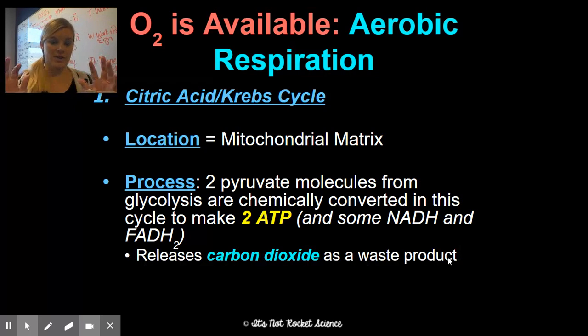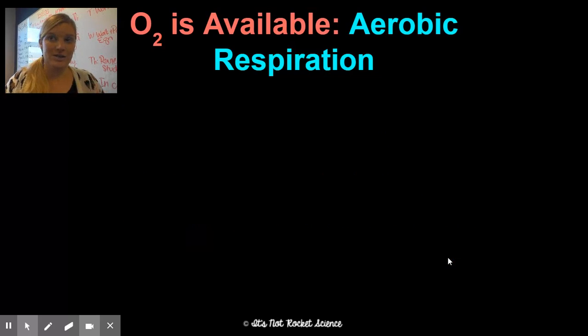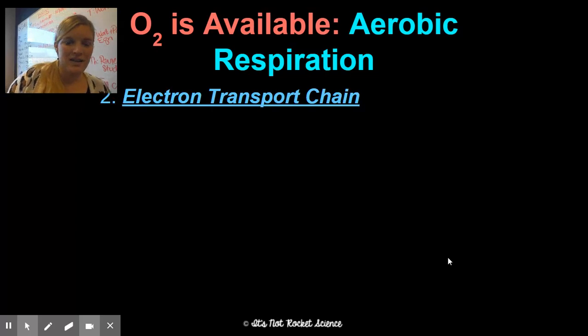So when we do this, we're actually releasing carbon dioxide as a waste product. So kind of how plants in their first stage, they're like pooping out oxygen for us to breathe. We poop out of our mouths carbon dioxide from the first step in this process. Then the second step is electron transport chain.